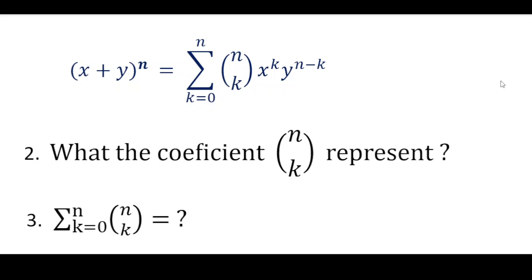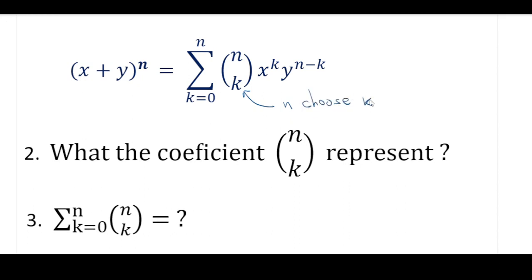Now on the right hand side we are expressing it in terms of summation, where the terms are raised to the power of the individual terms of the binomial expression, which involve a binomial coefficient denoted by nCk. Let me write it over here. We pronounce it as n choose k.